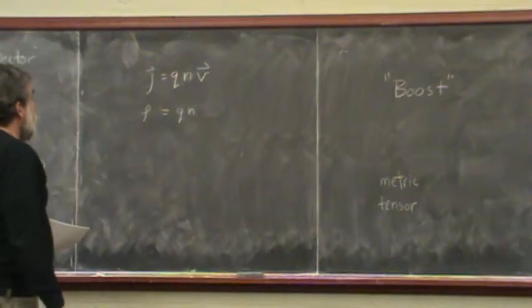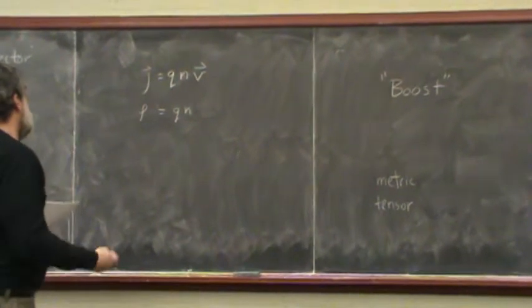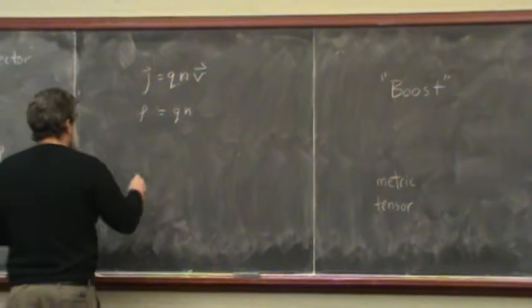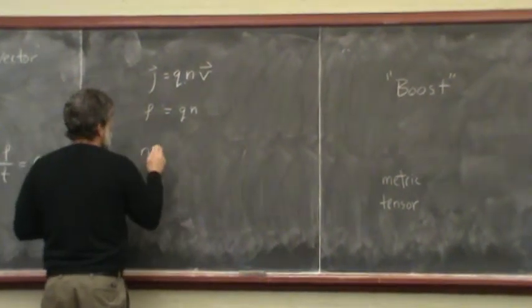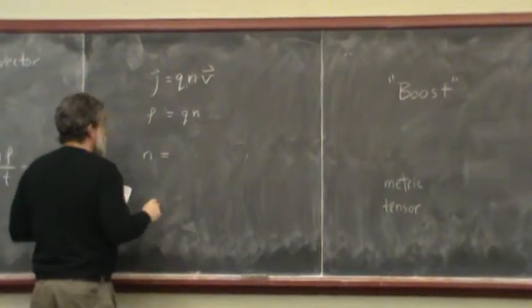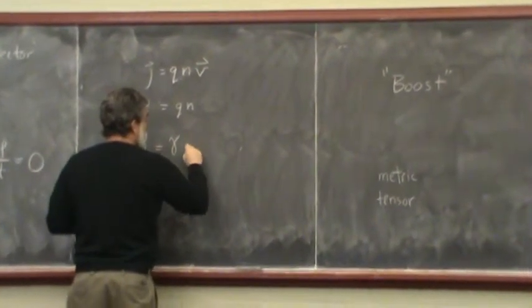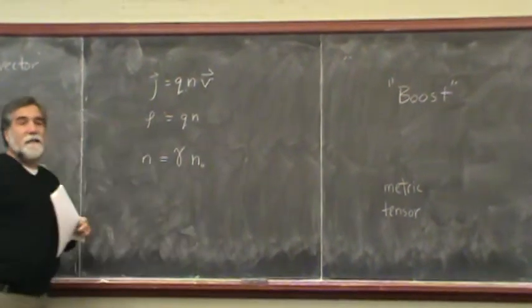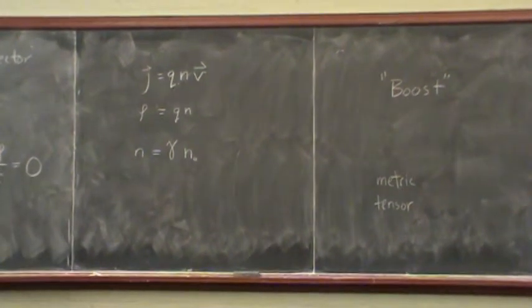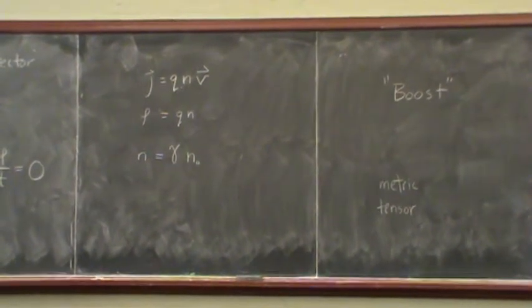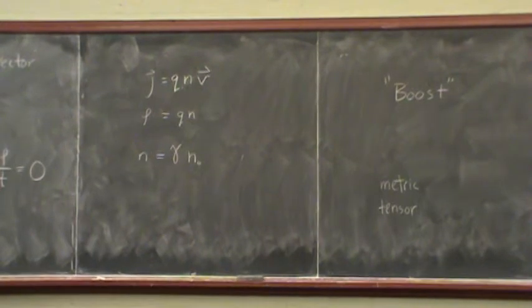In any frame, the charge density is gamma times the charge density in the proper frame of the charges, the one that's moving along with the average drift velocity.